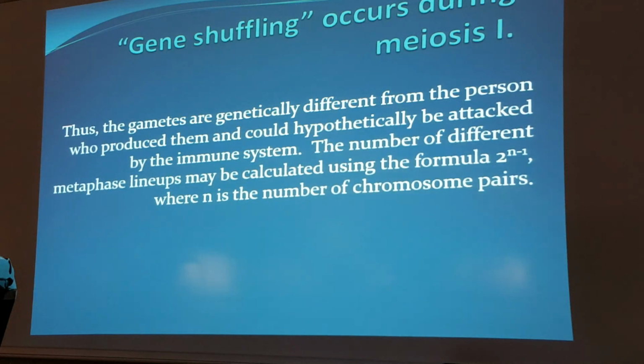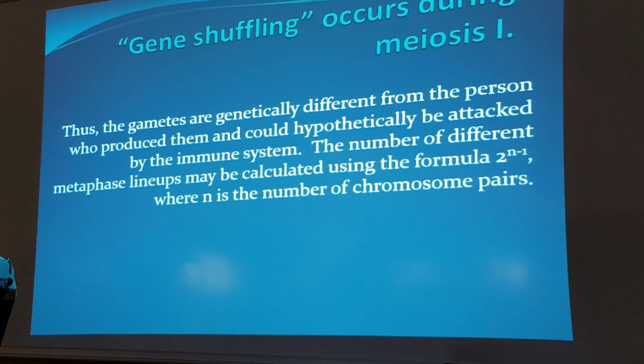So gene shuffling is what a lot of people call that, that the mom and dad chromosome can be flipped either way. If you think about it, from what I said verbally, you can easily derive this little formula that I derived. And basically the number of permutations you can have in your metaphase lineup is 2 to the n-1, where n is the number of chromosome pairs.